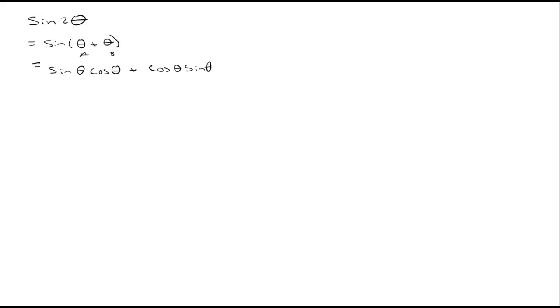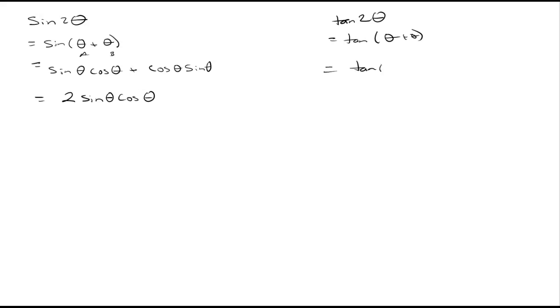It doesn't matter if we say 2 times 4 or 4 times 2, they're still going to give us the same answer. So we have 2 of them. So we say 2 times sine of theta, cosine of theta. And then let's prove tangent. So tangent of 2 theta is the same thing as saying tangent of theta plus theta.